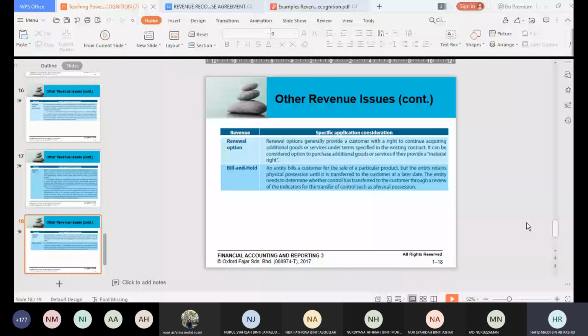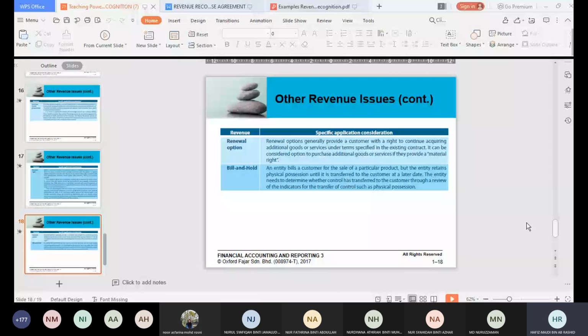So in bill and hold, the billing date is at one date, the transfer date will happen at a later date, so you might have some issue deciding when control happens for the company to start recognizing the revenue. That is just some additional issues which have been discussed by scholars related to revenue recognition.